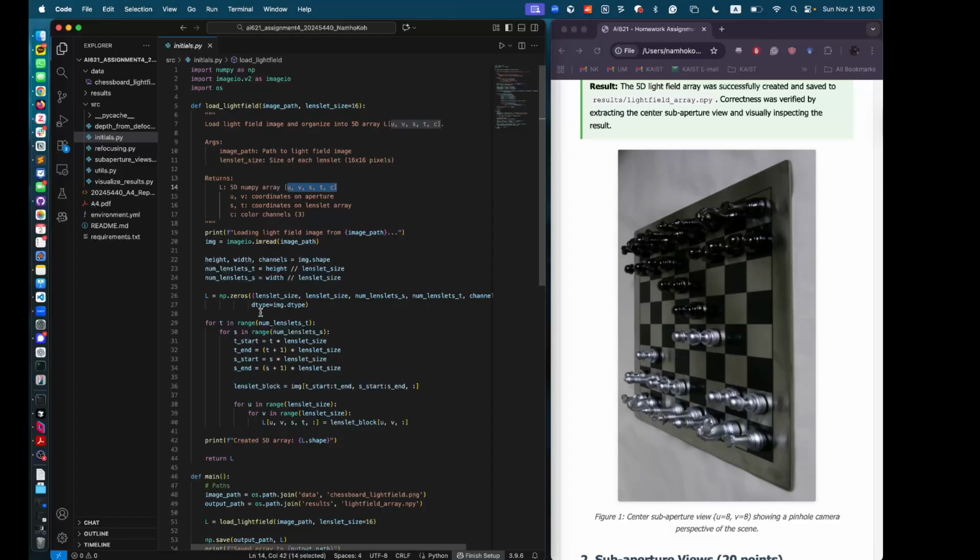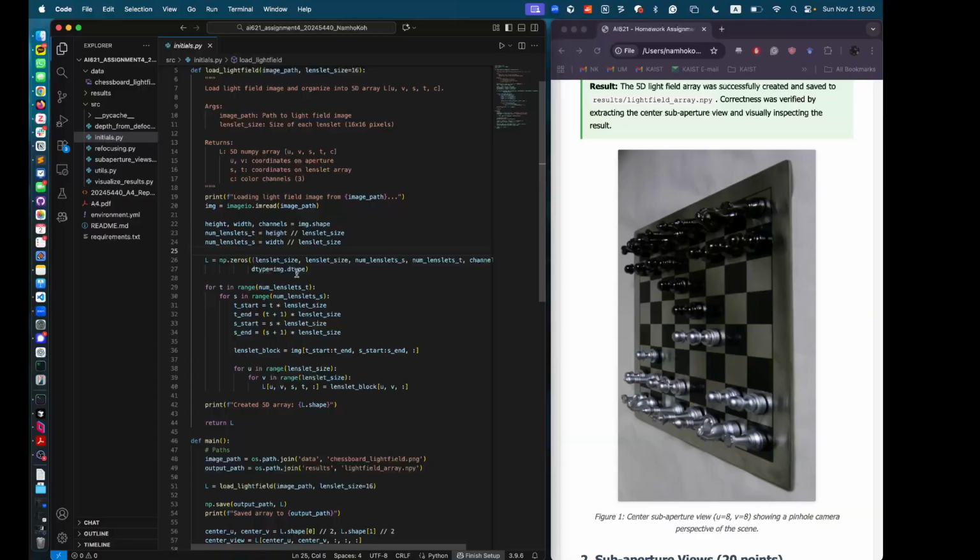Now, looking at lines 22 to 24, we first calculate the grid dimensions. So 6,400 divided by 16 gives us 400 lenslets vertically, and 11,200 divided by 16 gives us 700 horizontally. That's in total 280,000 lenslets.